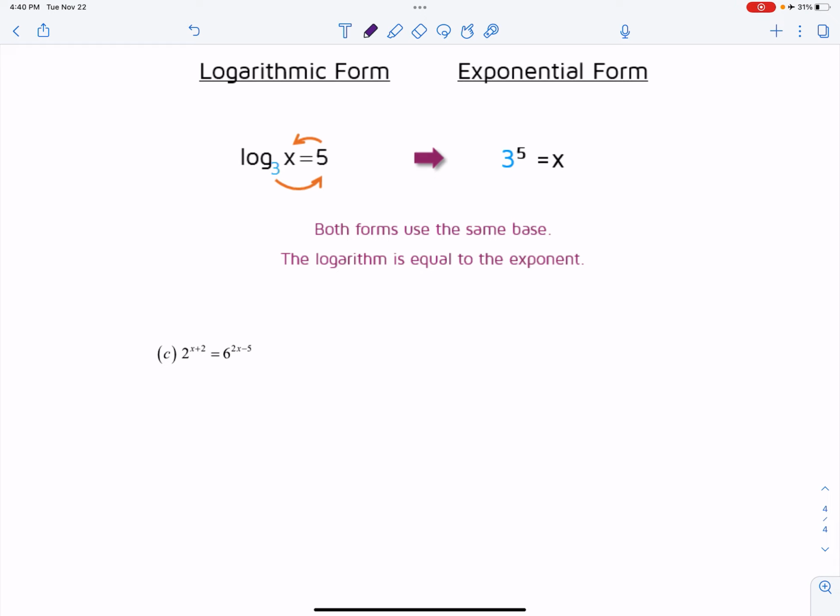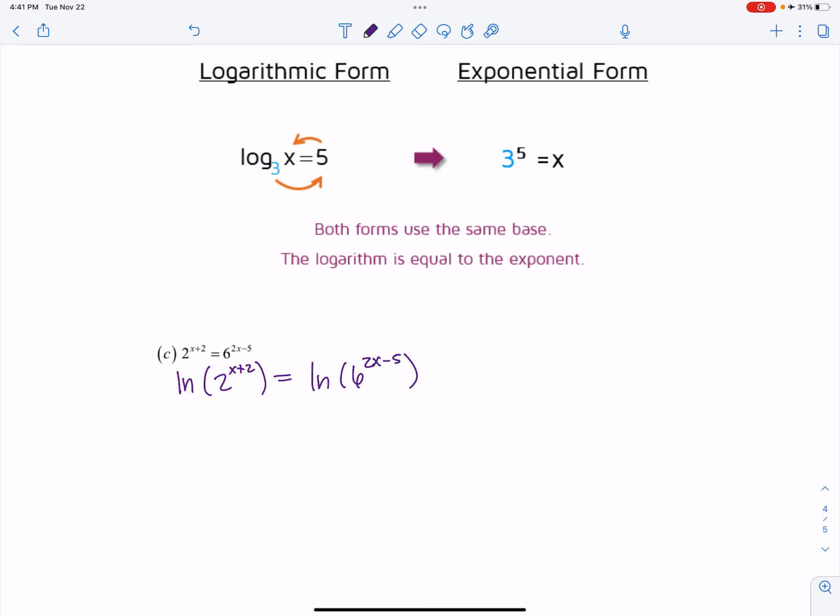So what we're going to do is just take the natural log of both sides. That's where we're going to start. So I'm going to take the natural log. You know what? I'm probably going to just write it not in a script. Natural log of 2 raised to the x plus 2 and natural log of 6 raised to the 2x minus 5.